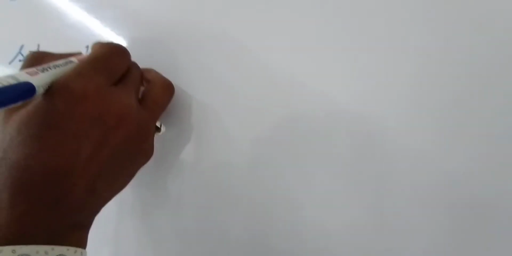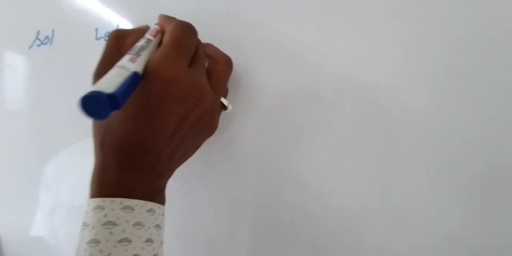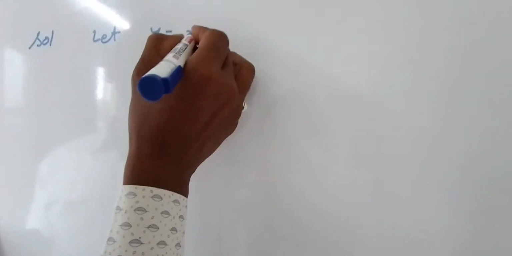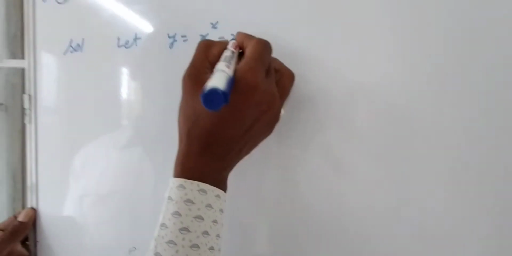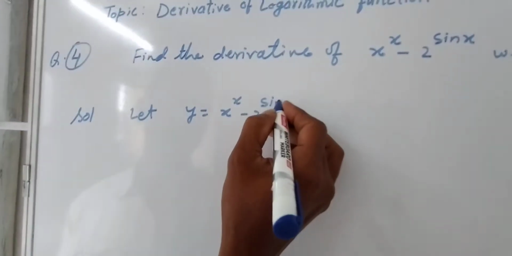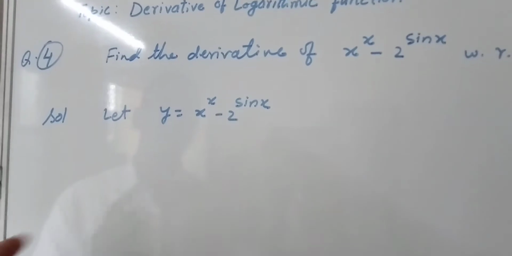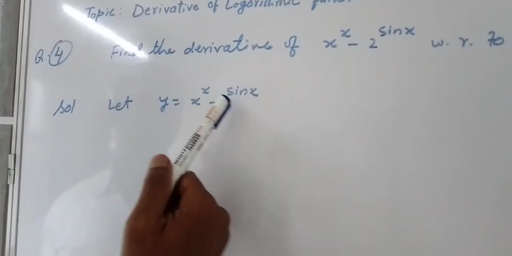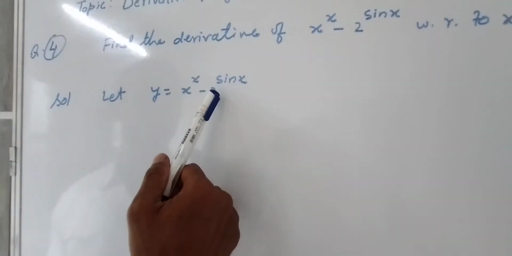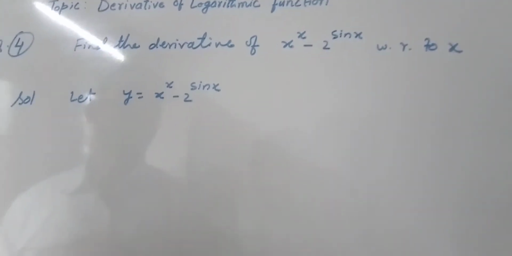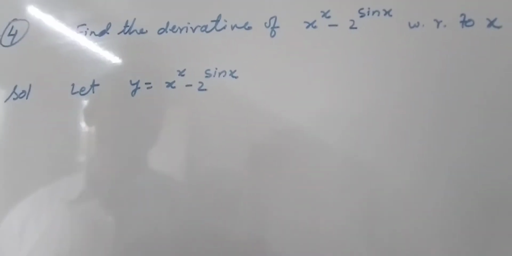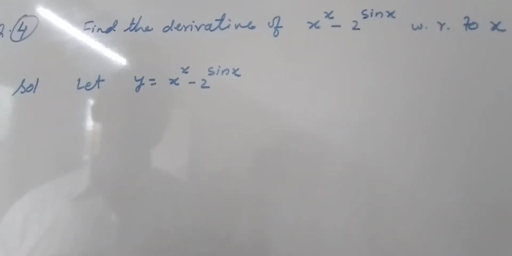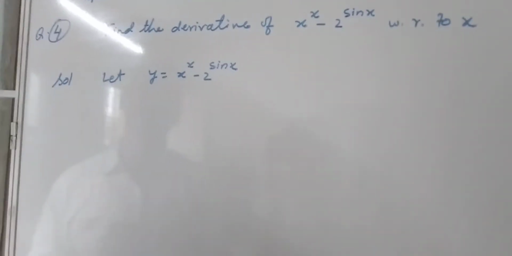Let y equal to x to the power x minus 2 to the power sin x. If you observe the question, here exponent of x is function of x. Similarly, exponent of 2 is function of x. So if we apply the logarithmic formula here, the question will become very simple.